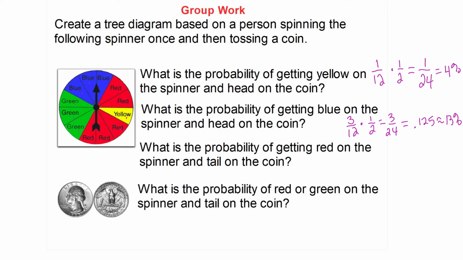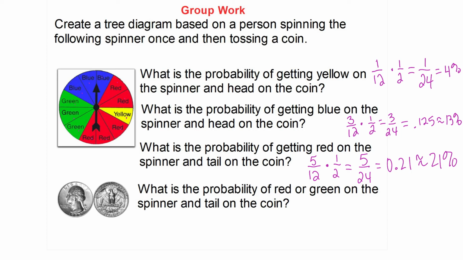Okay, what's the probability of getting red? Well, red has 5 spaces out of 12, and getting a tail. So tail would just be 1 out of 2. When I multiply those together, I get 5 out of 24, which is approximately 0.21, which would be about 21%.